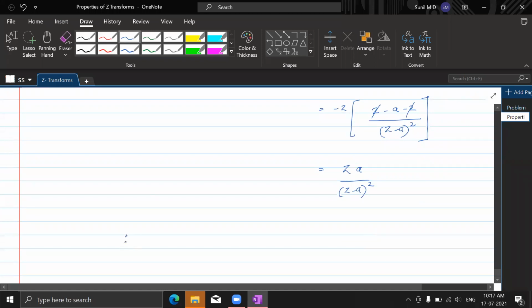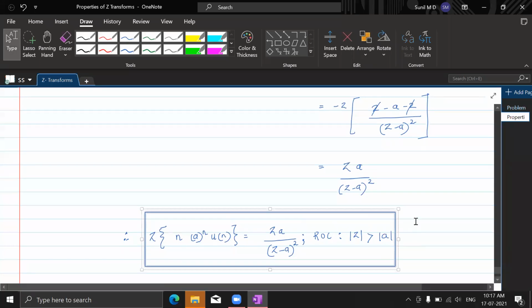Therefore, the z transform of n into a power n u of n would be equal to z into a divided by z minus a whole square with ROC. ROC would be the same. ROC will not change with n. Okay. So ROC would be outside the circle with radius a. Understand that? So this is how we obtain the z transform of this.